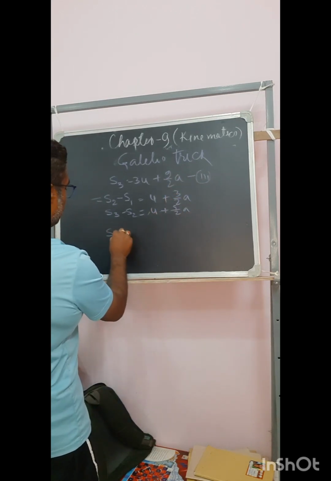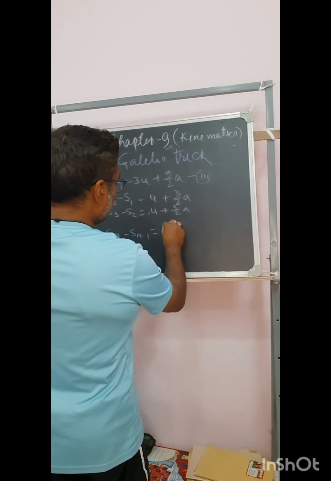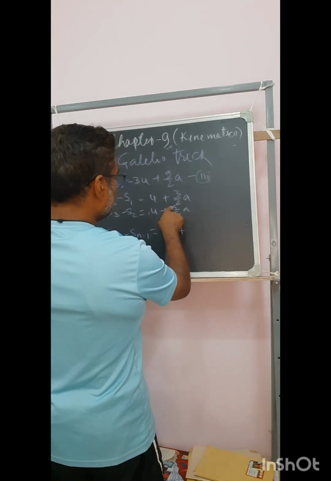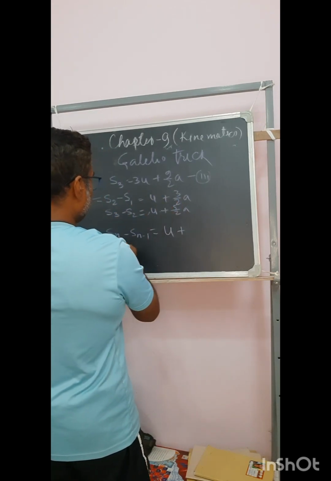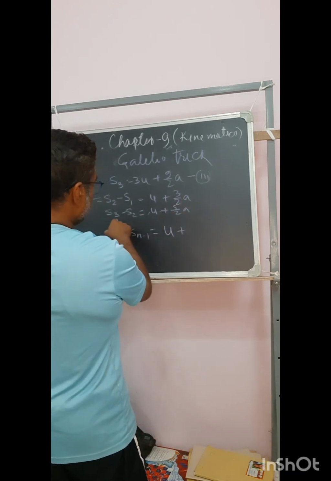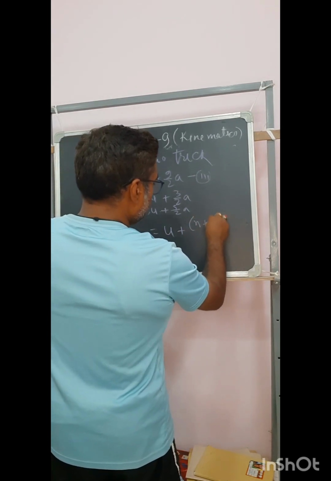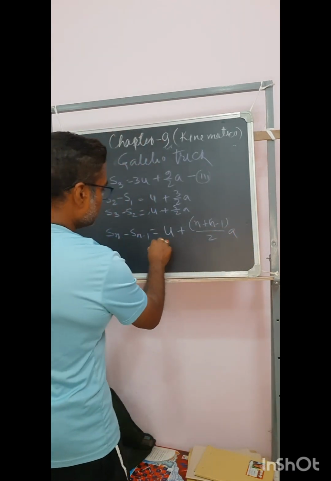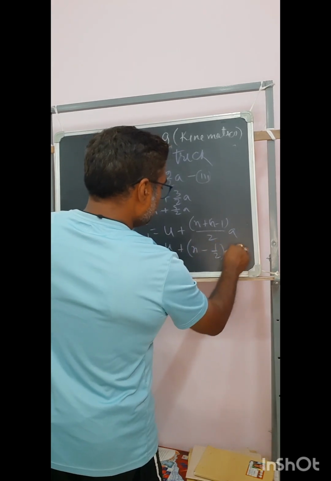So for any time between n minus 1 and n, it is changing with the initial velocity plus, what is that? The second term to the first term is 3, so for n terms it is the sum of these two terms, n plus n minus 1, so it will be n into n minus 1 by 2 into a, which is u plus n minus half into a.